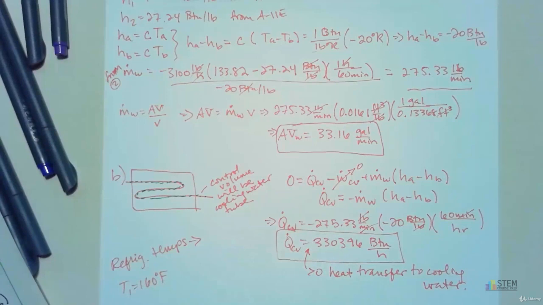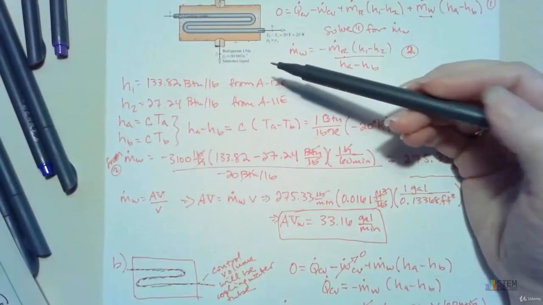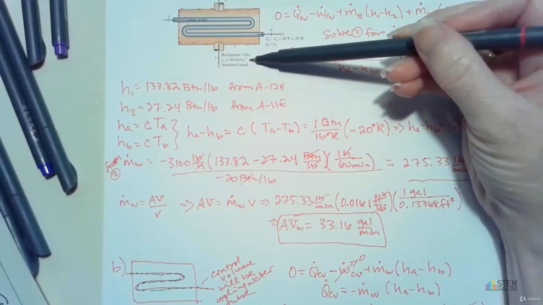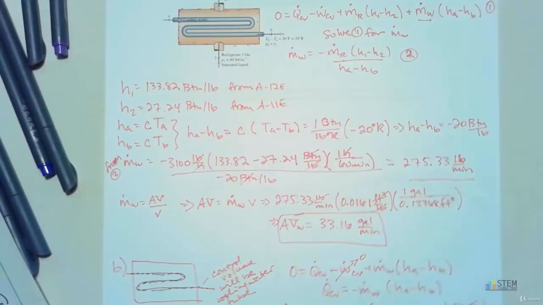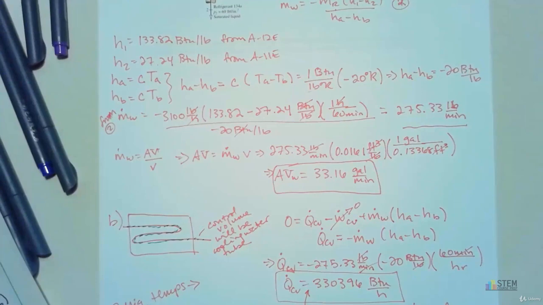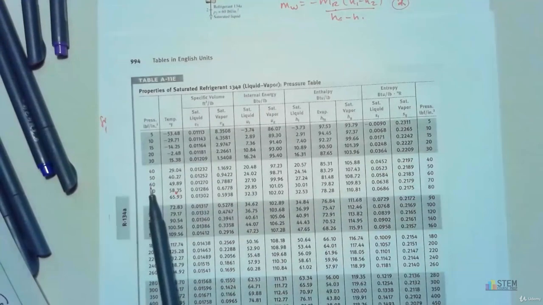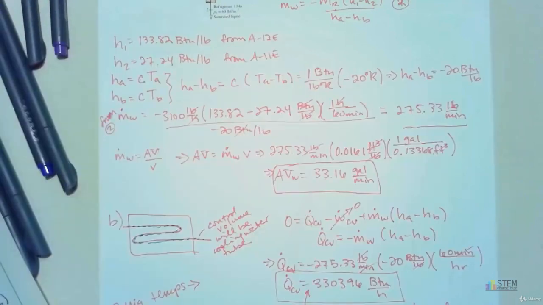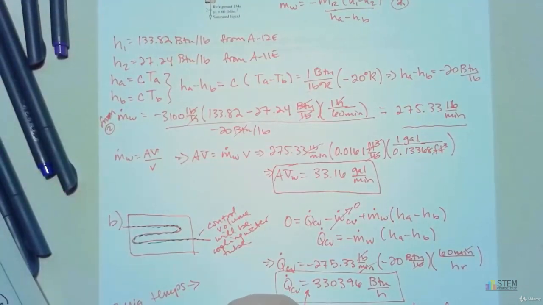Now again, what we wanted to happen was this temperature to decrease. So for T2, if you look up the saturation temperature at a pressure of 60 in your liquid vapor table, here we got our pressure of 60, and here's our temperature, 49.89. So T2 should be 49.89 degrees Fahrenheit.